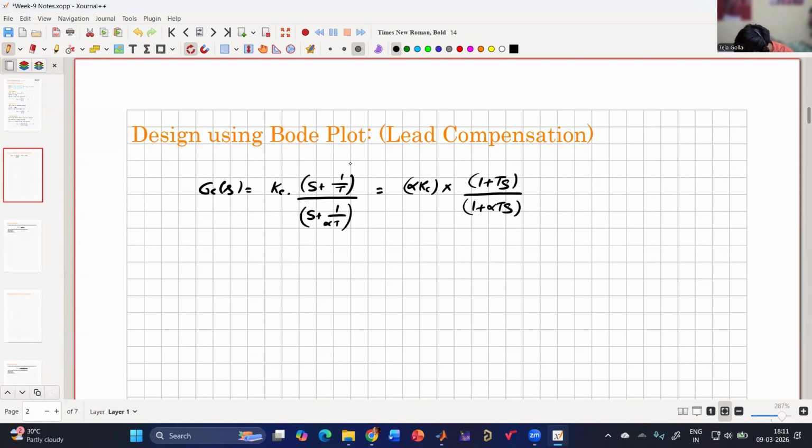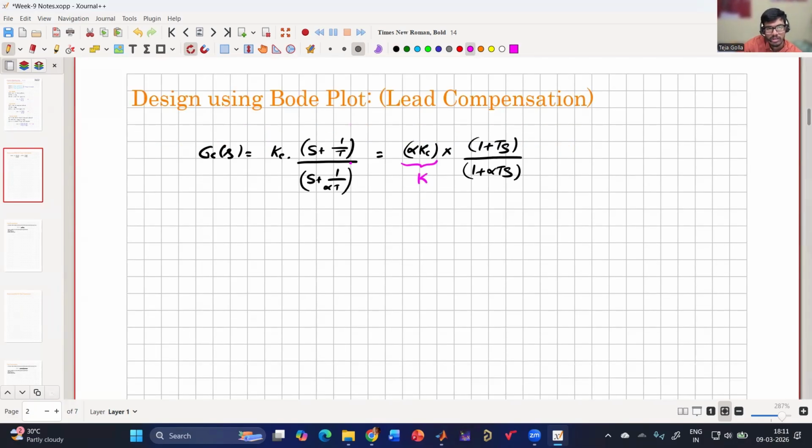I can call this some K. So now I'll be getting GC of j omega equals K into (1 plus j omega T) by (1 plus j omega alpha T), because we have converted s to j omega. So this is the expression that we got.